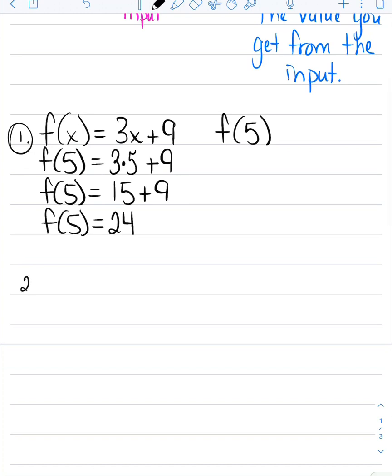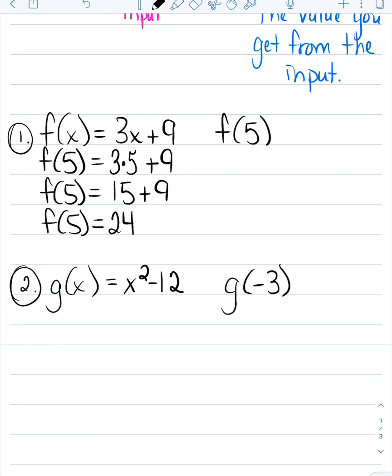Let's practice a couple more. And watch this. Here I have g of x. The f, the g, whatever letter, that's just the name of the function. So I'm going to tell you that g of x equals x to the second power minus 12, and I want us to find g of negative 3.